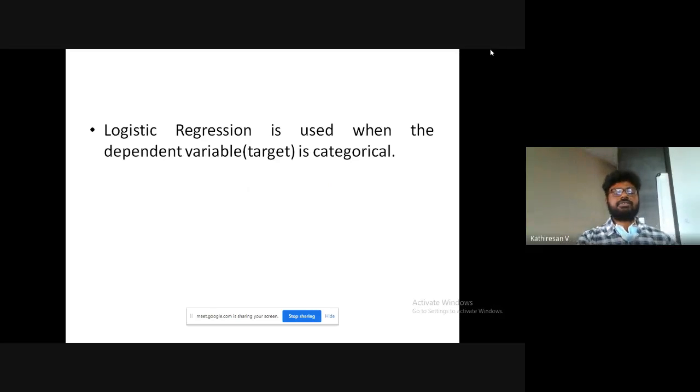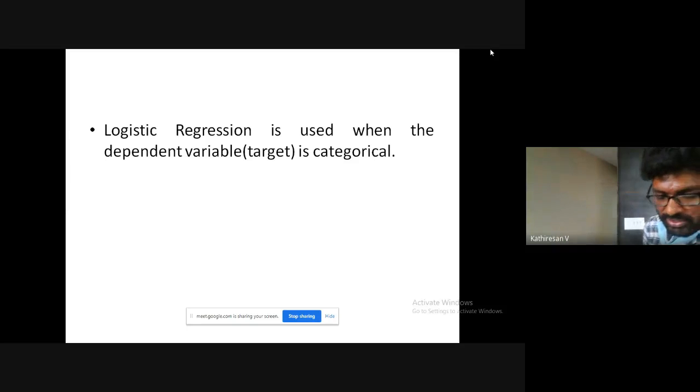Just look into this. Logistic regression is used when the dependent variable or target variable is categorical. Normally, when we were discussing simple linear regression and multilinear regression, we were using price as the target variable.